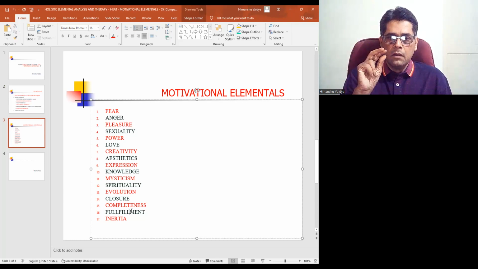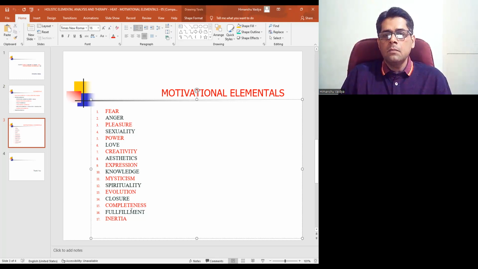And corresponding to each chakra, there are certain motivational elementals which the chakra is supposed to coordinate. So if we look at survival and two primary emotions related to survival, anger and fear, they are both associated with the root chakra, the base center or Muladhara. In Sanskrit, they call it Muladhara.